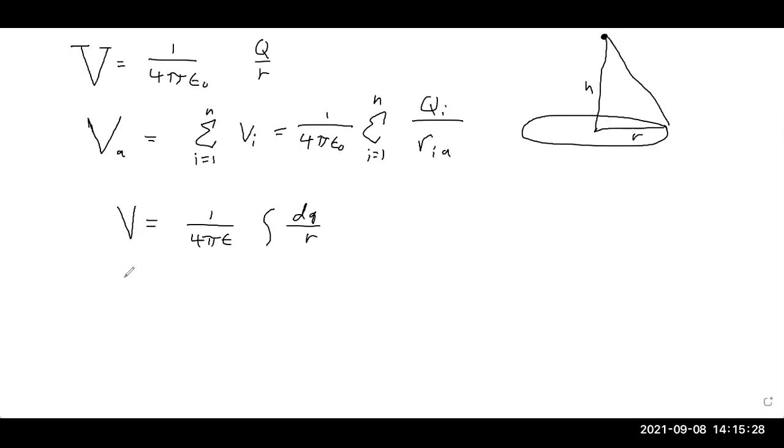So our electrical potential at that point at the top there is one over 4 pi epsilon naught, the integral of dq over r.